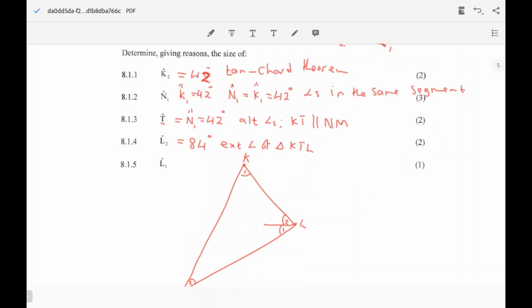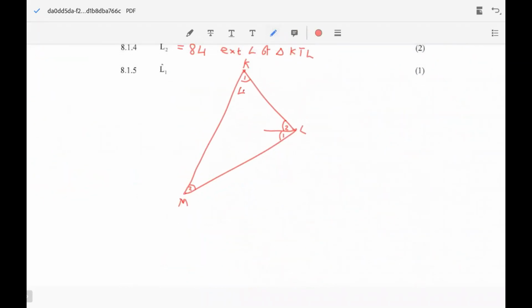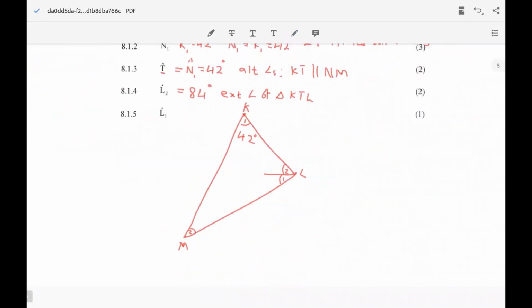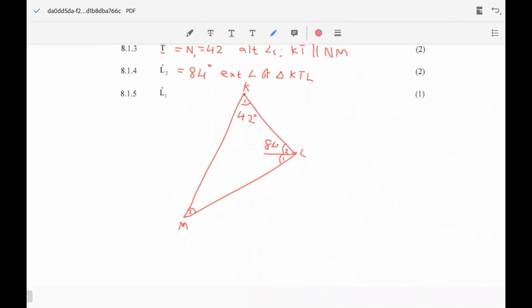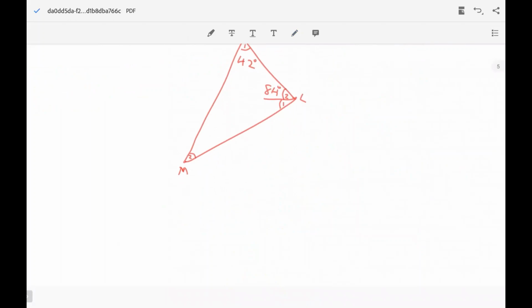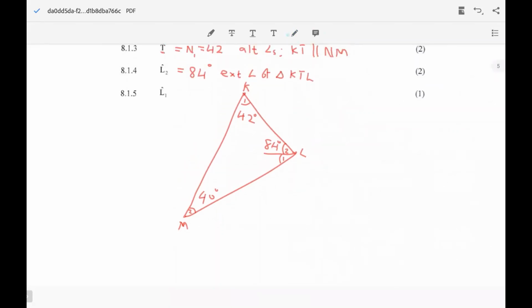So our K1 was got as 42 degrees. And L2, we got it as 84 degrees. And angle M2 was given as 40 degrees. And we know that angles in a triangle must all add to 180 degrees.